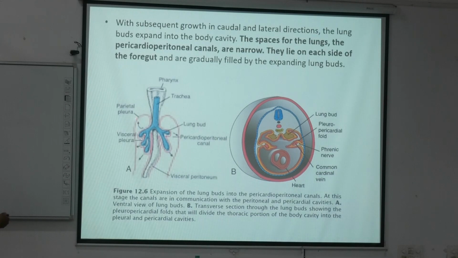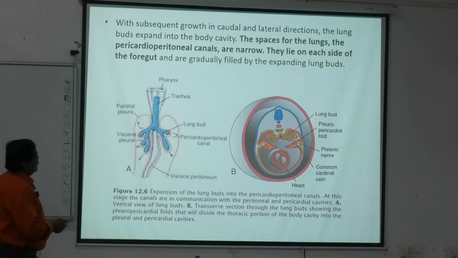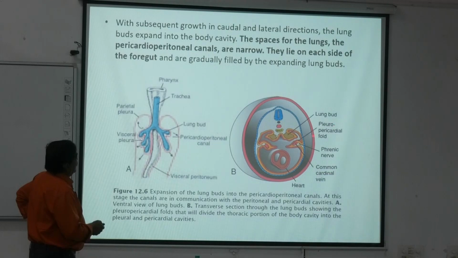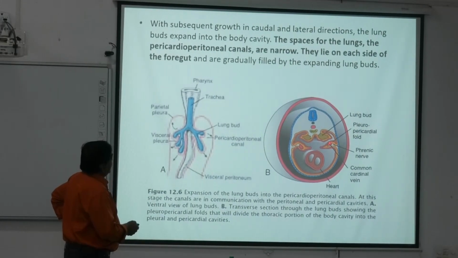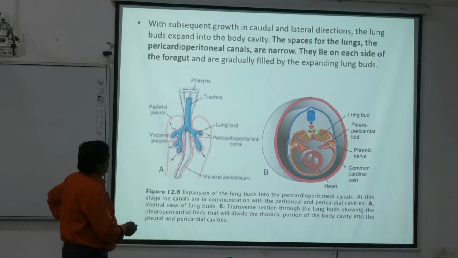See, this is the parietal pleura, this is the visceral pleura, these are the lung buds, and the pericardio-peritoneal canal, this portion, trachea, pharynx, and the visceral peritoneum. Similarly, the lung bud is there, the pleuropericardial fold, this is the common cardinal vein, the phrenic nerve, and the heart is here.